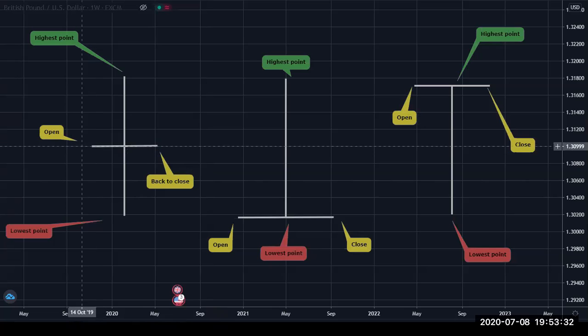The bears and the bulls, the buyers and the sellers, came to a standoff where no one moved price at all. Price moved within that time frame, but it never closed above or below, so you can't tell if it's bullish or bearish.